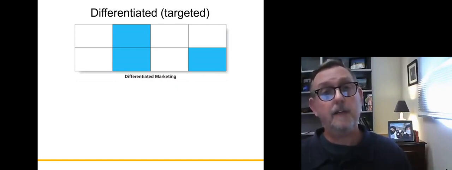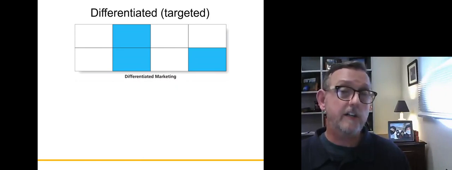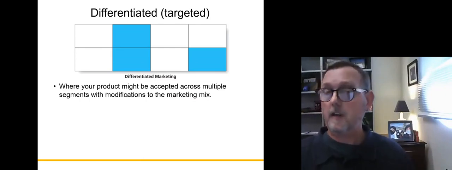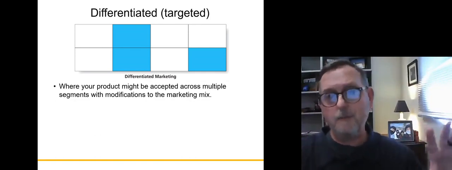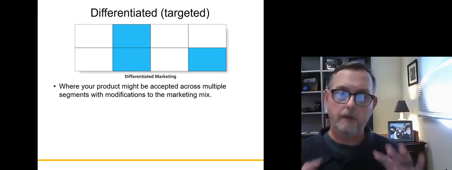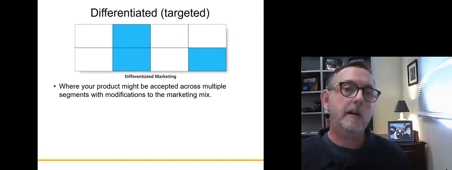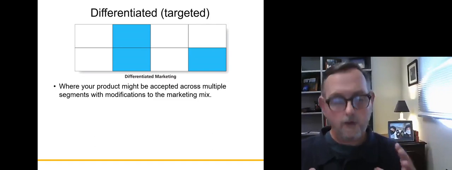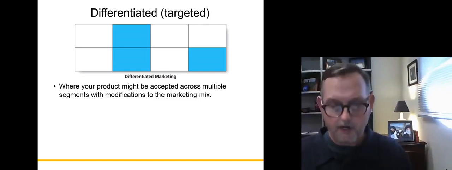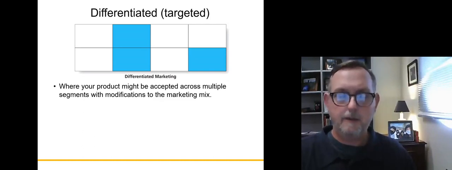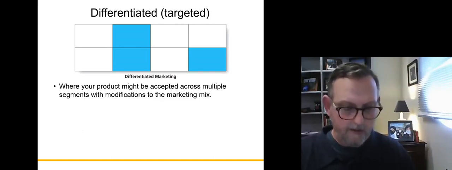They're sizable enough where we may not need to be the number one market share leader in each one of these segments, but we're going to try to accommodate each one that we go into. So in this image here, we have 3 blue shaded spaces. Imagine those are 3 different market segments. We're going to create a marketing plan for each of those 3 segments.